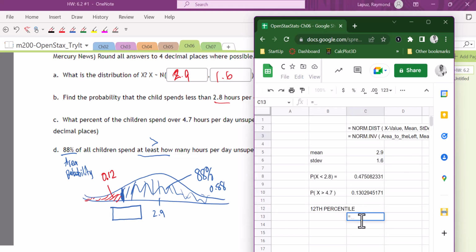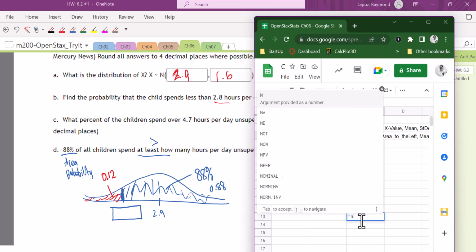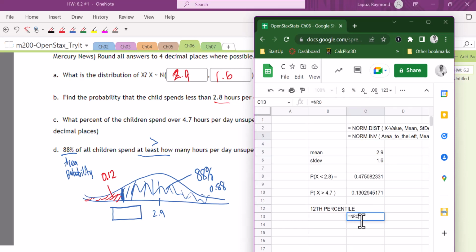So this is going to be norm.inv, and then now we have to find the area to the left, and so this is where we get the 12%. So 0.12 for 12%, and then the mean, the same mean that we've been dealing with, that's 2.9, and the same standard deviation that we've been dealing with, and then that's all you would put in. So that would be 1.02 would be the answer for that.